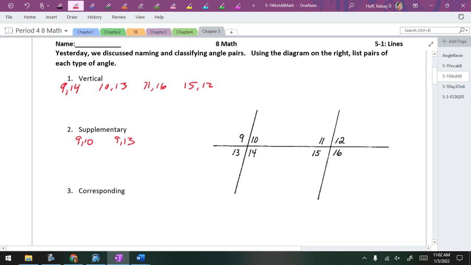Breck, what you got? 13 and 14. 13 and 14 would work. Lincoln? 15 and 16 would work. Sam? 11 and 15 would work. Nick? 15 and 16. Got that one.